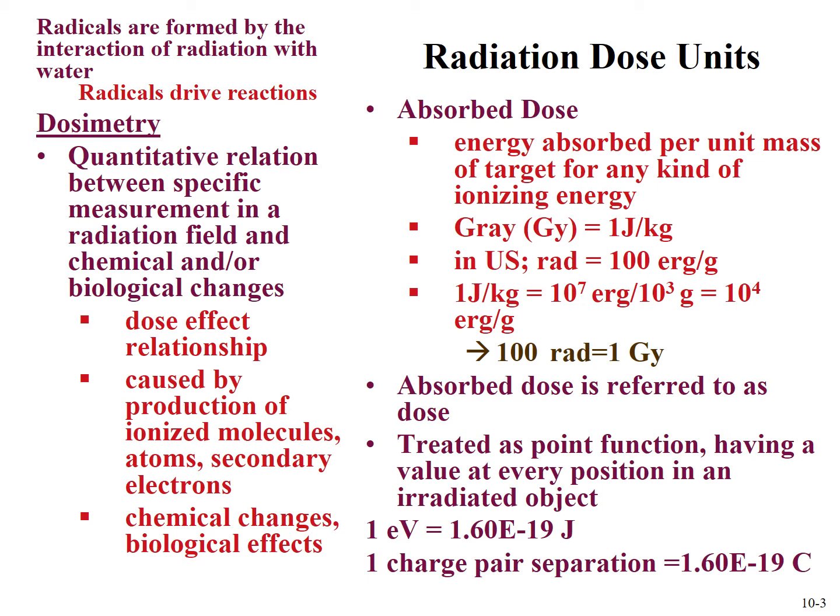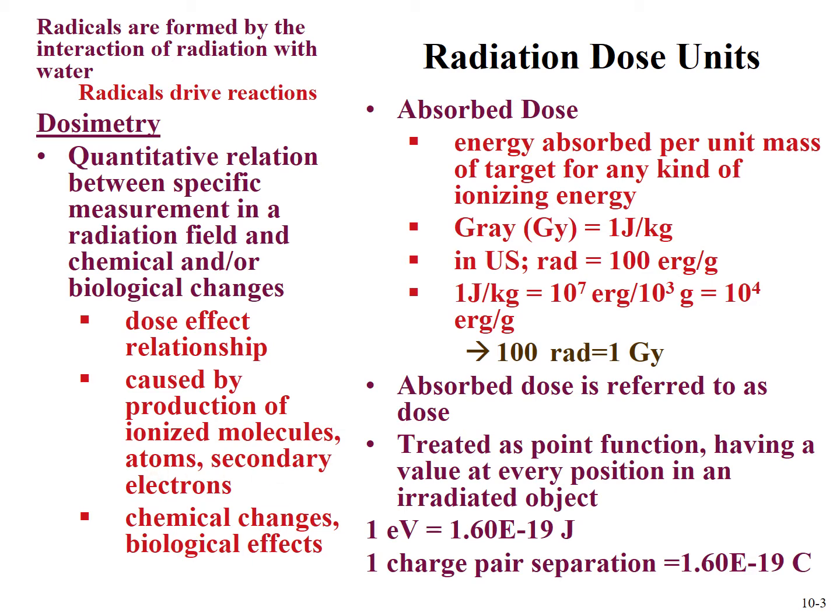There should be some sort of effect of dose on a chemical or biological change, and dosimetry is a way to try to quantify this relationship. As we discussed, when these particles interact with matter, they cause ionized molecules, secondary electrons, etc. And these in turn drive chemical or biological changes.